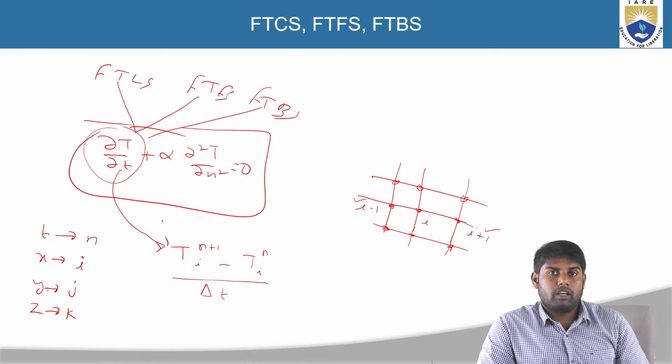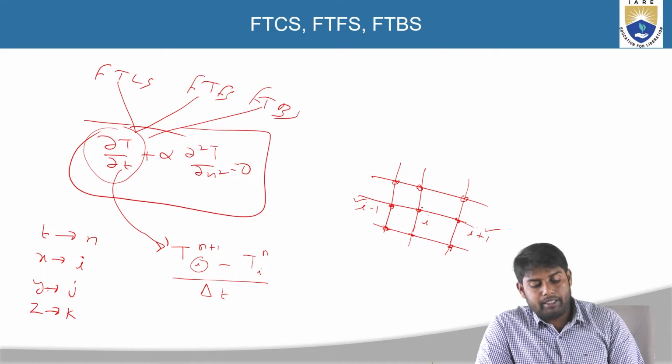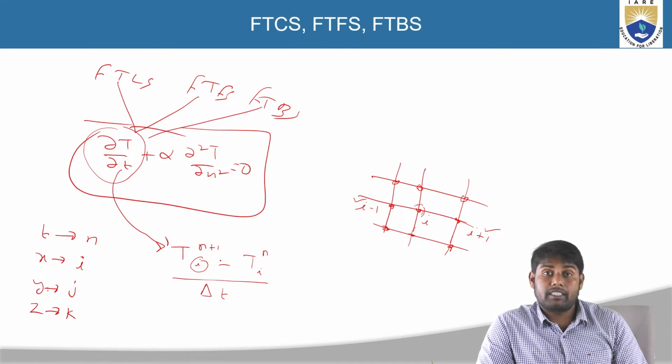Basically this is like Euler, so it's a first order difference. So here T of i, capital T of i in the sense, is the temperature at the ith grid point, at this grid point, at the next time level.